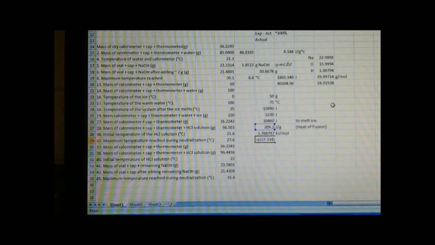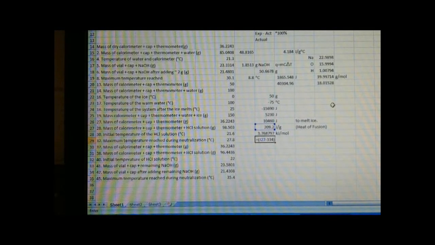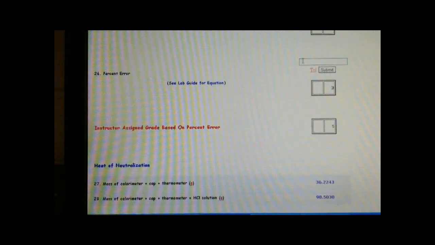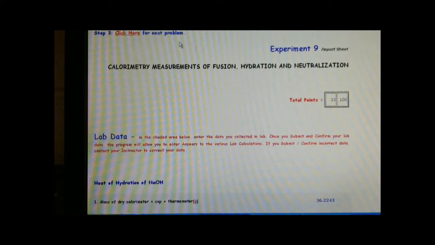I got that from a reference table. And we divide that by that actual value again, multiply by 100%, and we get negative 37.337, or 37.4 for the percent error.